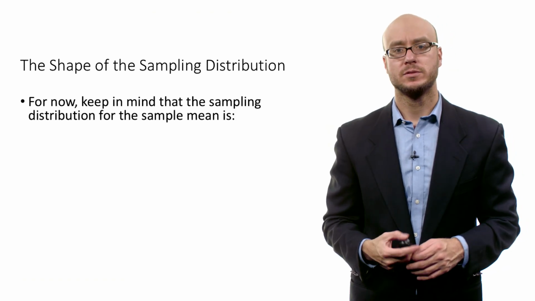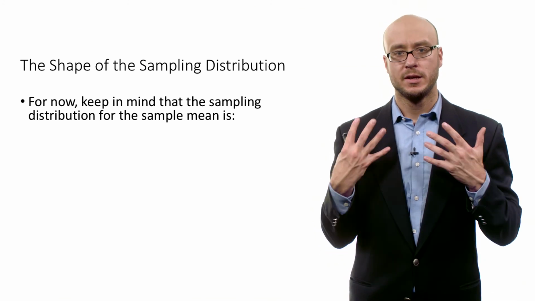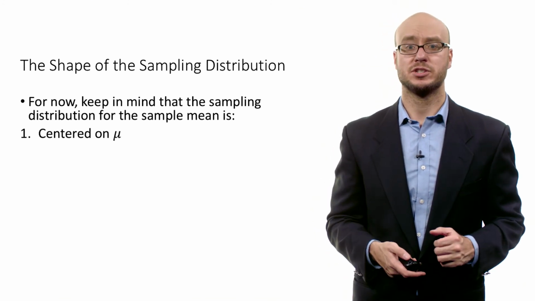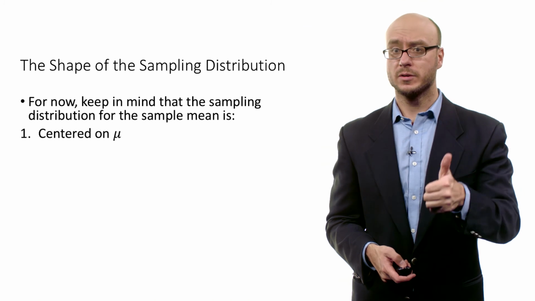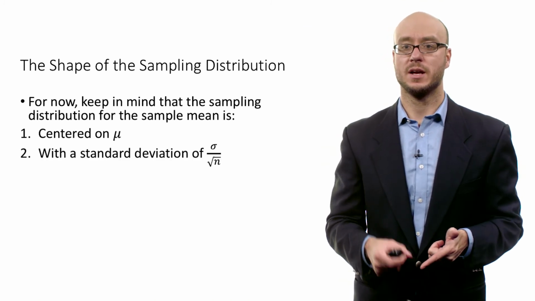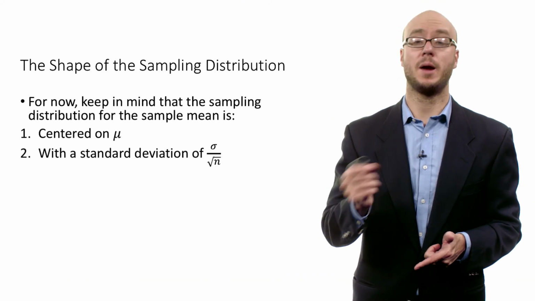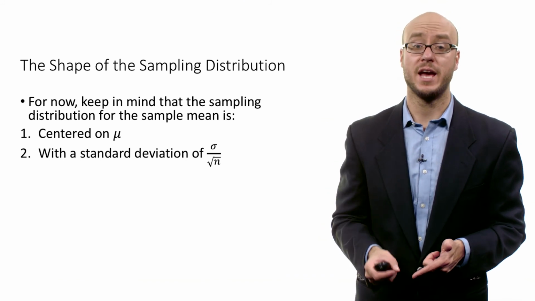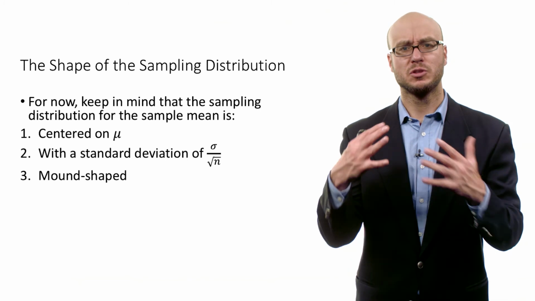The other point is that notice the shape of the sampling distributions. It's not only centered on the population mean, and it not only has a standard deviation given by the standard error, which is the population standard deviation divided by the square root of n, where n is our sample size, but it's also mound-shaped.